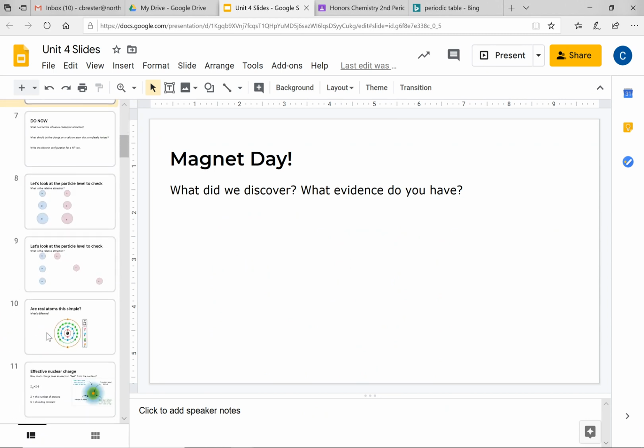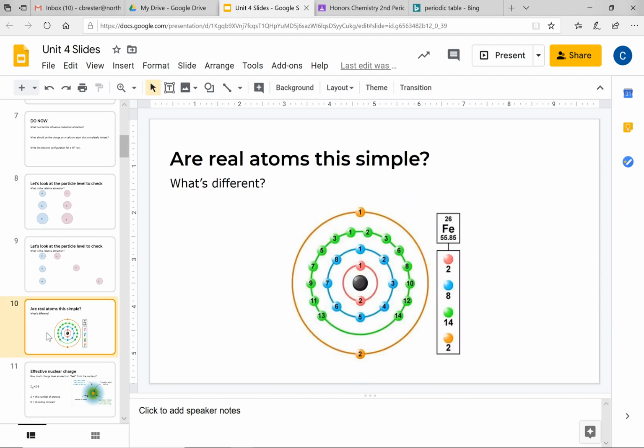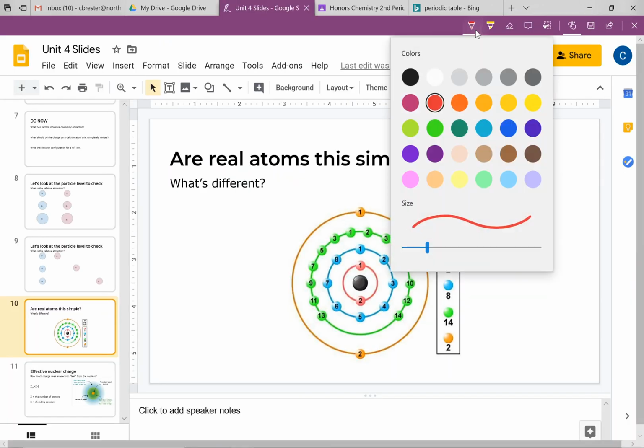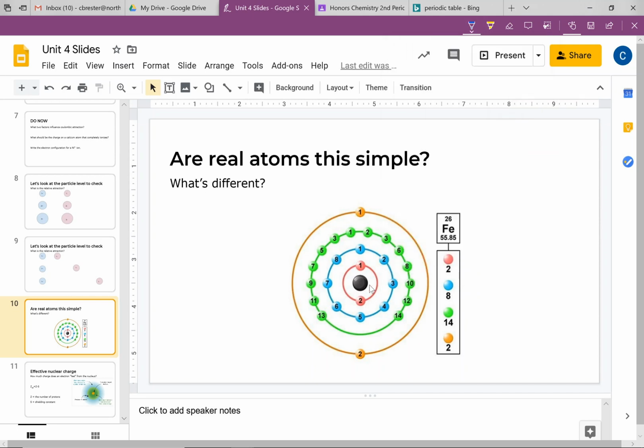I'm going to skip over to my slides here so I can draw. Okay, let's see. What's a good color here? Let's say you were really concerned with this electron here.